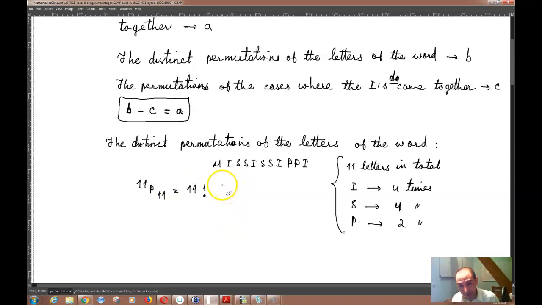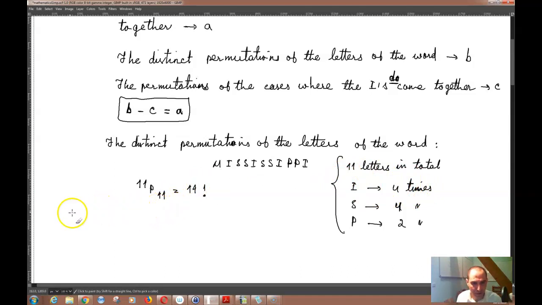Now, since these letters are repeated, I have to basically take out the number of repetitions of these letters.